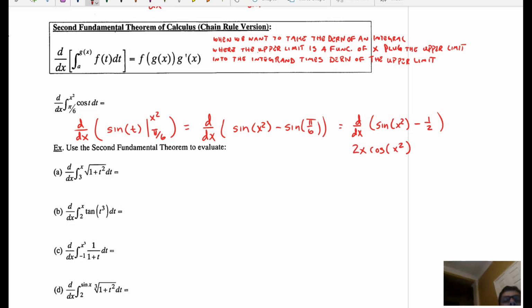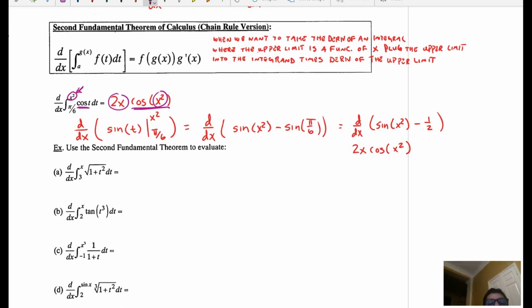So we end up with 2x cosine of x squared. What I want to notice about this is that I have the integrand, which is cosine, with the upper limit plugged into the integrand, and then times the derivative of the upper limit.